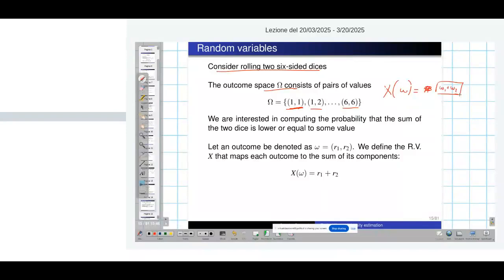It's the result of the roll. So each component has the outcome of the first die and the outcome of the second die, and the random variable, given a roll, a possible outcome, gives me a real number that is the sum of the values on the dice. This is an example of random variable.